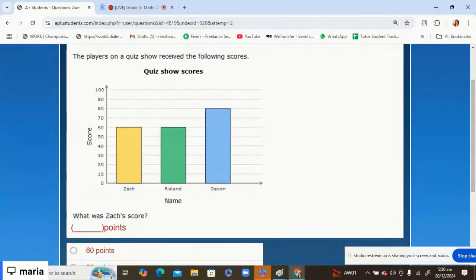In the first question, the players on the quiz show received the following scores. Names and scores are given. What was Zach's score?